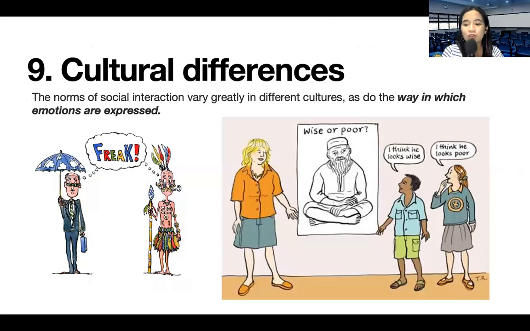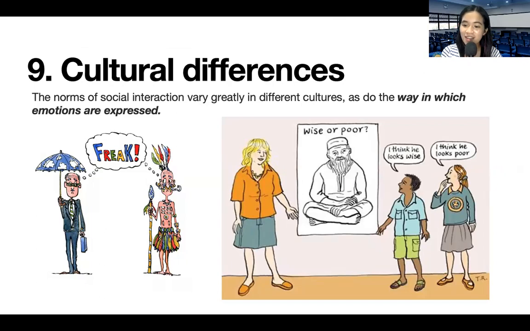Lastly, we have cultural differences. The norms of social interaction vary greatly in different cultures, as do the ways in which emotions are expressed. Like what I gave you as an example last week, the way Hiligaynons get angry sounds sweeter, right, compared to the way Cebuanos get angry. Because that's how we express our emotions.